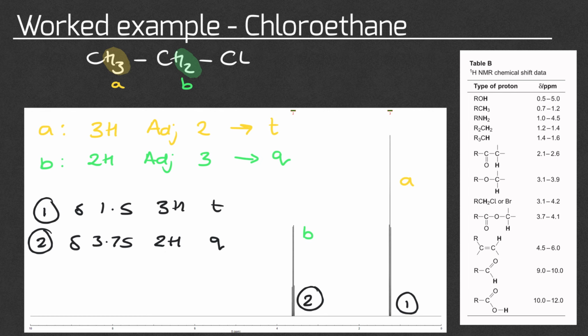They're both a quartet. The exam question might ask you to explain how you came to your judgment assigning the peaks, and you could then write sentences explaining each of these facts we've set out here. By setting out your work really clearly like this, it makes it obvious to the examiner that you know what you're doing and how you've assigned the peaks, and it prevents you making any silly mistakes trying to do this process in your head.